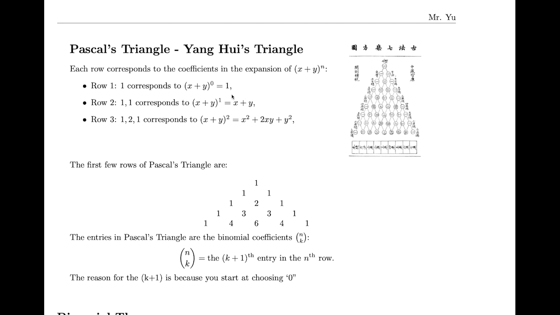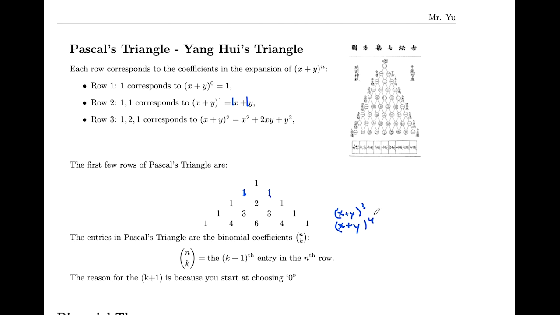So we could say, well, there's a 1x here, and 1y, and that turns into this one and this one. And then it continues on where row 3 is 1, 2, 1, and then row 4, which corresponds with the expansion of (x + y)³, and this row here, which is 1, 4, 6, 4, 1, the fifth row, actually corresponds with (x + y) to the exponent 4.